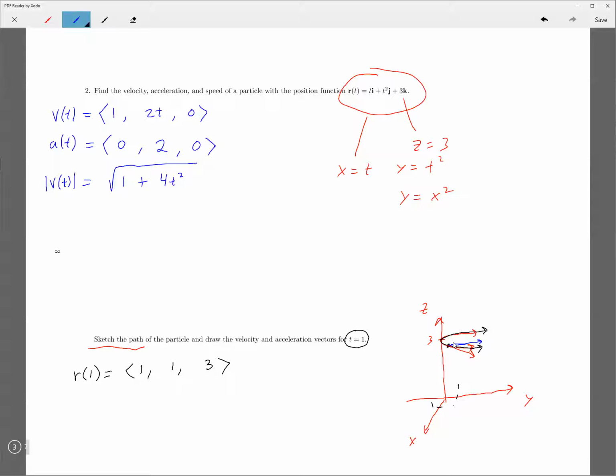Yeah, upper right is the correct answer. I think they might have their lengths wrong because V of t is 1, 2, 0 and A of t is 0, 2, 0. So A should probably be a little bit longer, but we're not going to worry about that. Okay, let's move along to number 3.